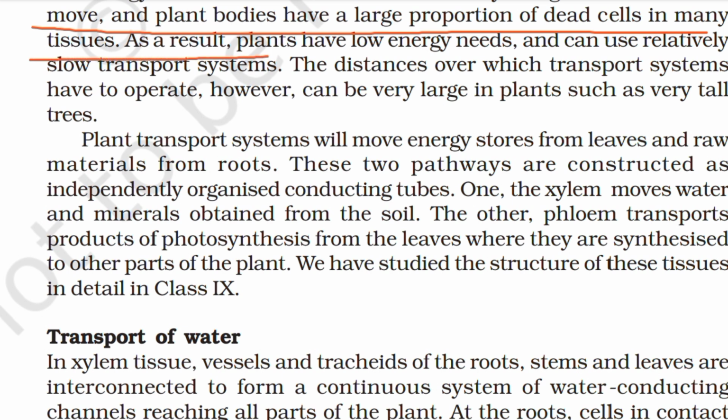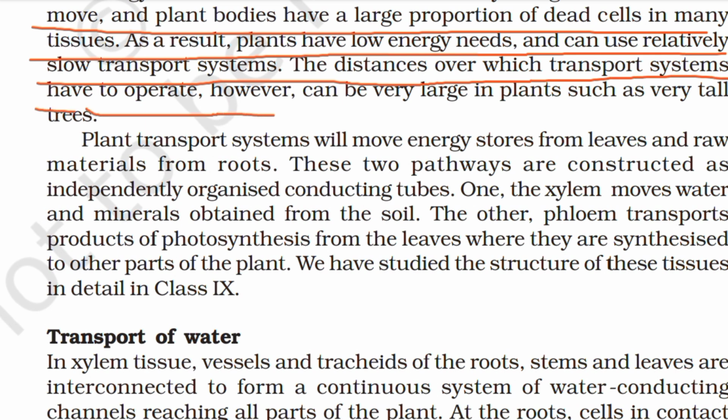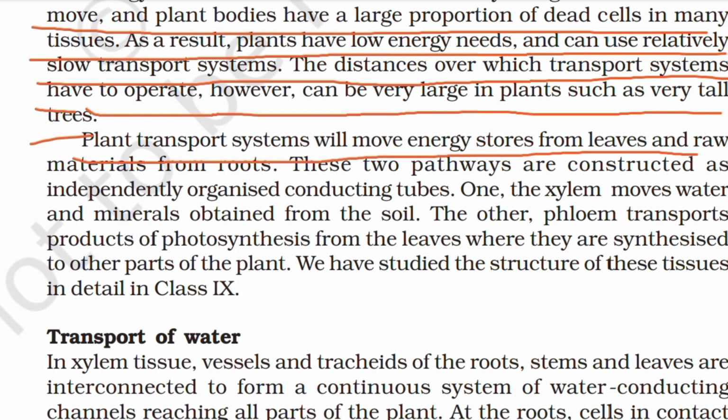As a result, plants have low energy needs and can use a relatively slow transport system. The distances over which transport systems have to operate, however, can be very large in plants such as very tall trees. Plant transport systems will move energy stored from leaves and raw materials from roots.